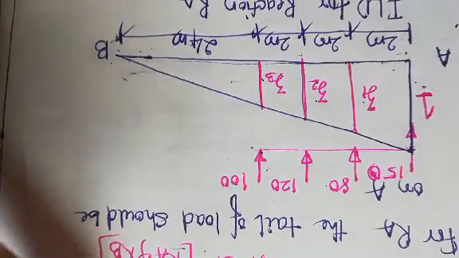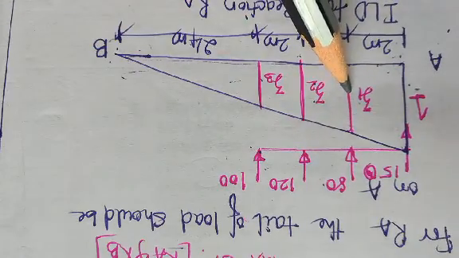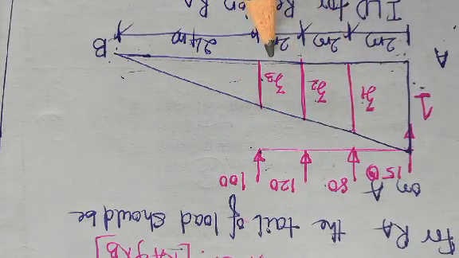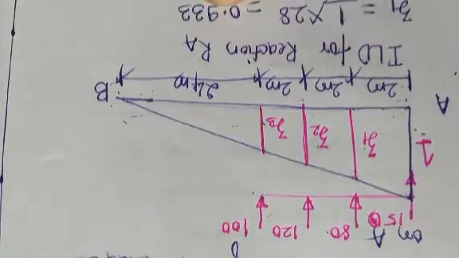For 150 the ordinate will be 1, for 80 the ordinate is Z1, for 120 Z2, and for 100 Z3.